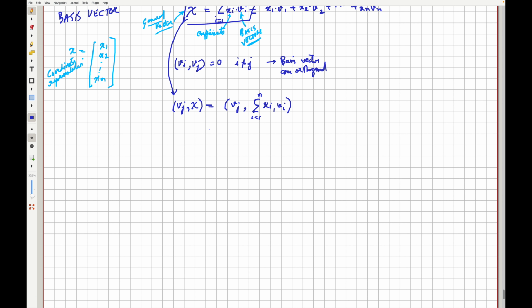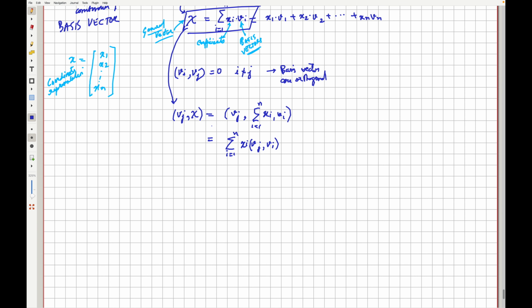Then we can expand this right-hand term as the sum from i equals 1 to n, and here we can pull the x_i out because that's just a coefficient, and put the v_j inside. So we take the dot product of v_j with v_i. Here all the dot products of v_j with v_i are going to be 0 except in one case, because that's what we say here, right?